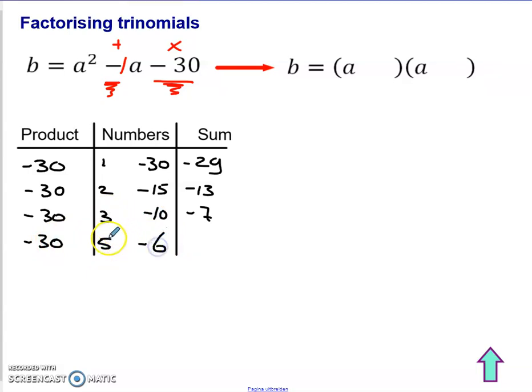You will find them when you continue doing this. 5 plus minus 6 is minus 1. So there is a solution to this trinomial. You can factorize this one. We have a positive 5, so I use a plus. And we have a negative 6, so I use minus. And then we factorized this trinomial.